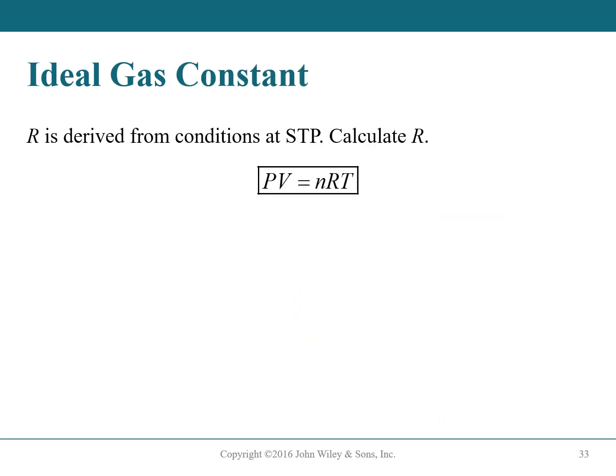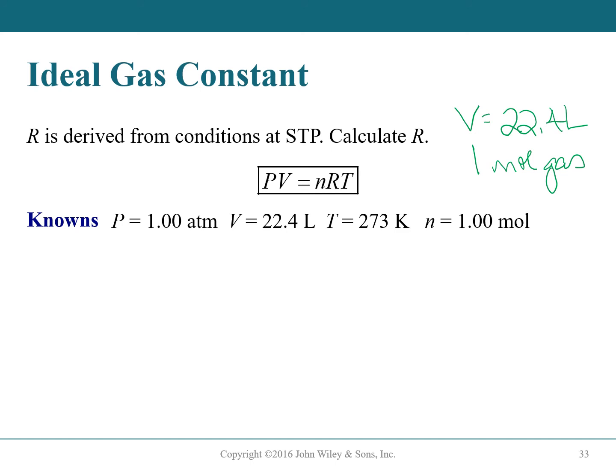Okay, so let's take a look at this ideal gas constant. Let's try to determine R at STP. So we have a volume equal to 22.4 liters for 1 mole of gas. What would R be equal to? So at STP, we know the pressure is going to be 1 atmosphere. The volume is 22.4 liters.